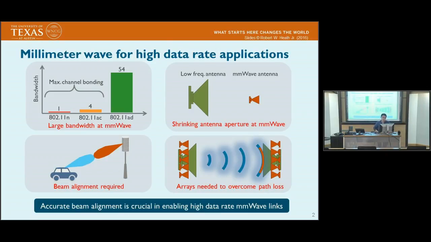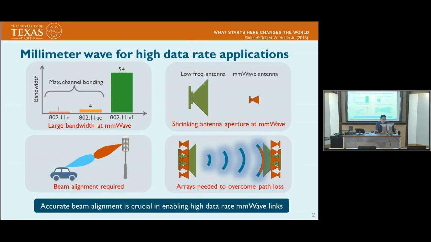One of the motivations for millimeter wave is to use the huge amount of bandwidth that is available to provide high data rate applications. As an illustration of how large the bandwidths are at millimeter wave, I show here the bandwidth used for the 802.11 standard family.